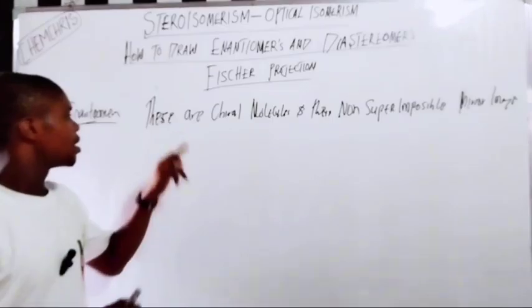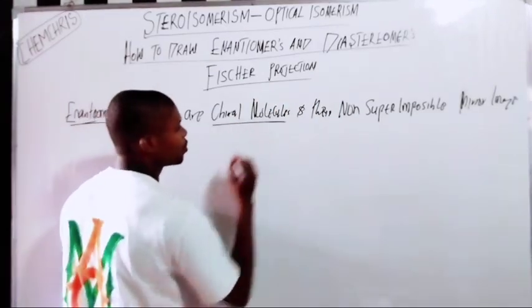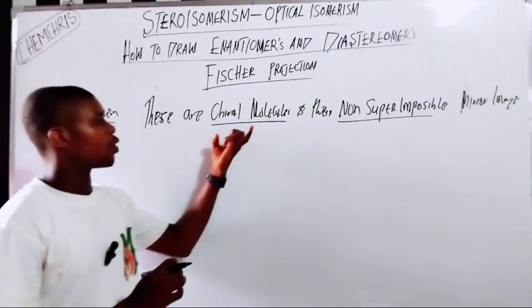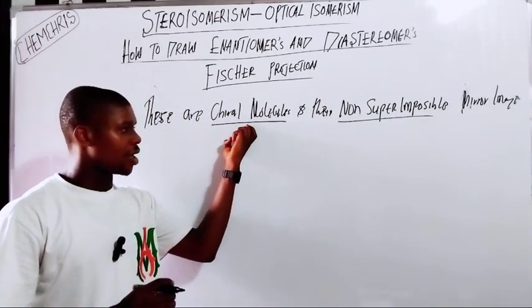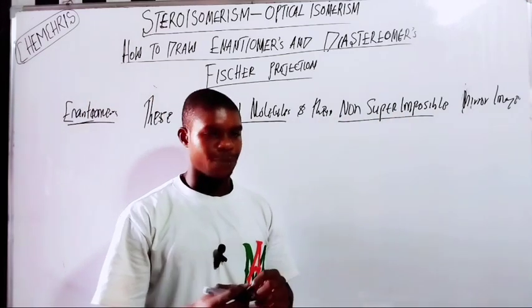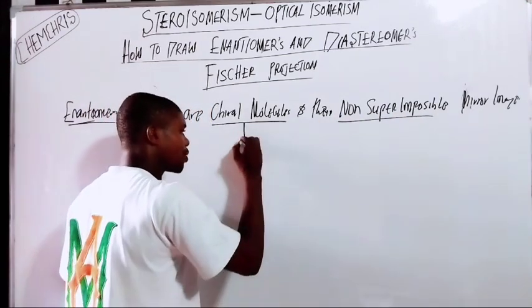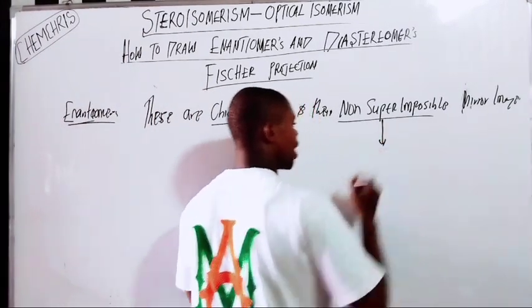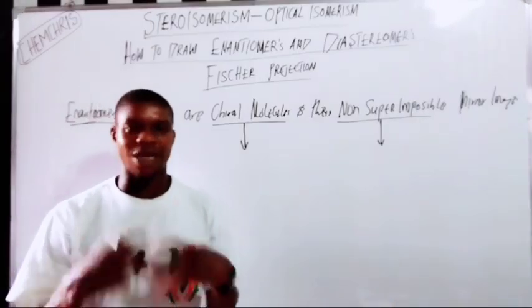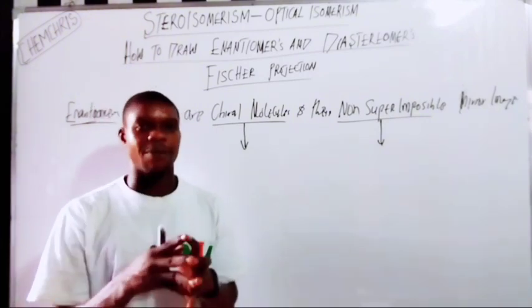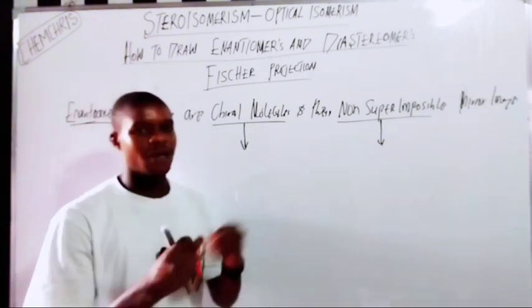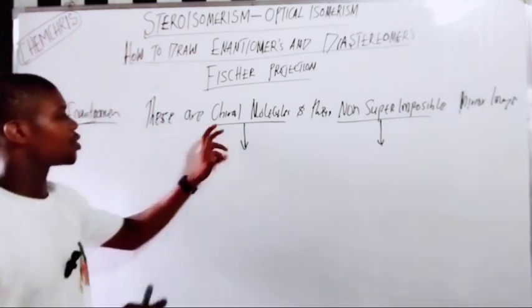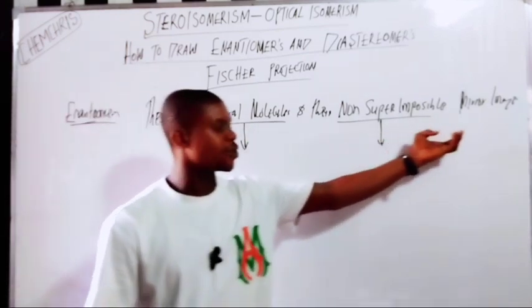Okay, look at it here. These are chiral molecules and they are non-superimposable mirror images. So take note of the key words here: chiral molecule, non-superimposable. What's a chiral molecule, and what do you understand by non-superimposable? Please pay close attention here, because I really want you to get the fundamentals before you start learning how to draw enantiomers and diastereomers. So I said that enantiomers are chiral molecules and they are non-superimposable mirror images.